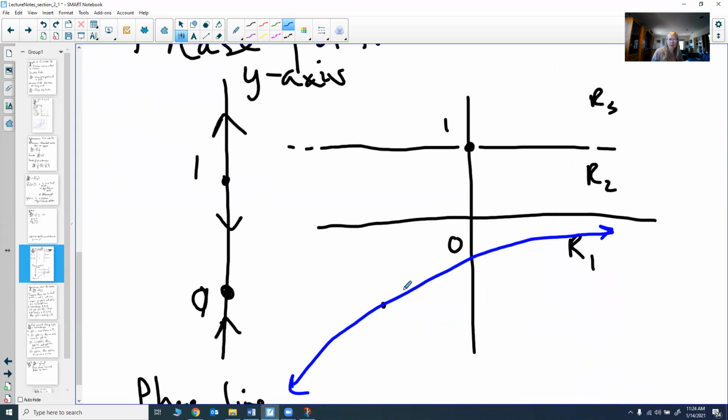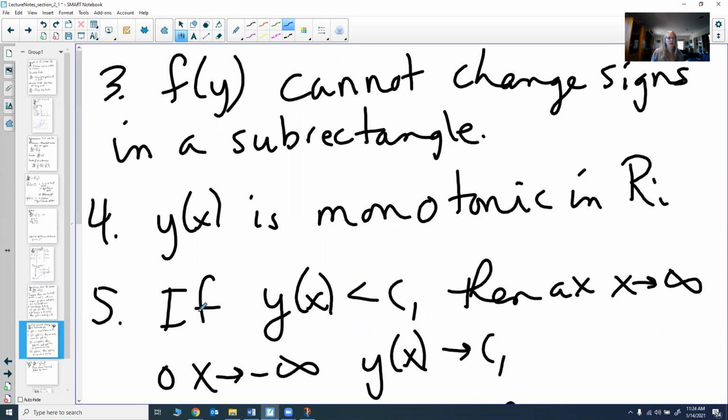I know that as x goes to infinity, in this case, I'm heading towards this C1. Think of this as a horizontal asymptote that I'm heading towards. I'm heading towards it as x goes to infinity because we're increasing. There's nothing special about that. It's just because we have a positive slope and an increasing function.